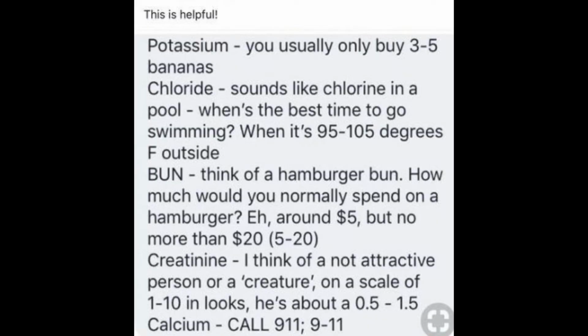Another example is creatinine. Think of creatinine as a creature, something that's very ugly. So you will rate it from 0 to 1. I found this on Pinterest. It helped me a whole lot in memorizing my lab values for my NCLEX exam. Hope this helped you guys. So that's a great way to memorize your lab values.